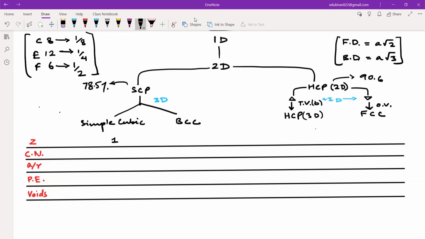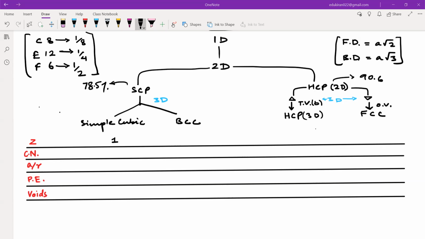What is the coordination number of simple cubic? It's 4. No, no, no, look and tell, why are you speaking like this? Just look and tell.